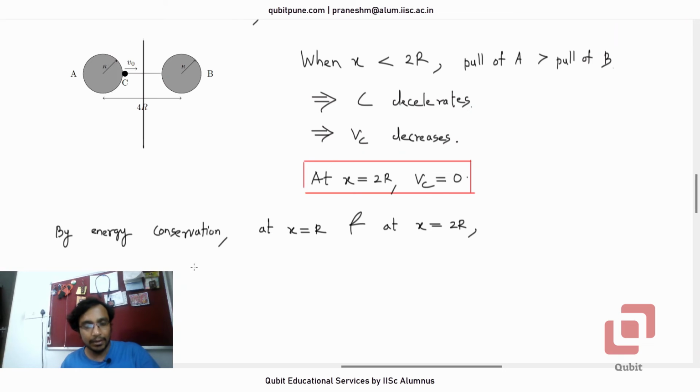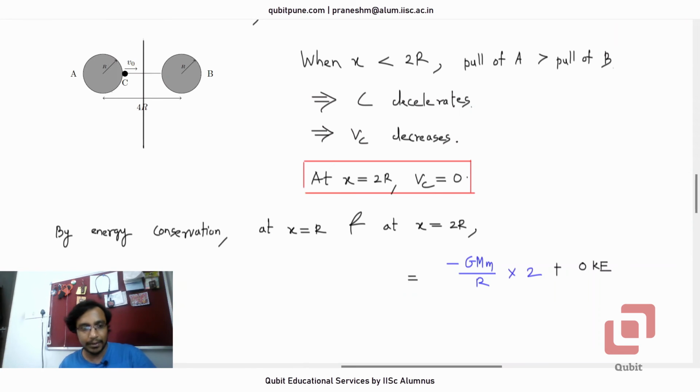Now see, at x equal to 2r, the energy is going to be purely potential. So that is negative GMm upon r into 2, because the body is in the gravitational field of both the bodies A and B, and zero kinetic energy.